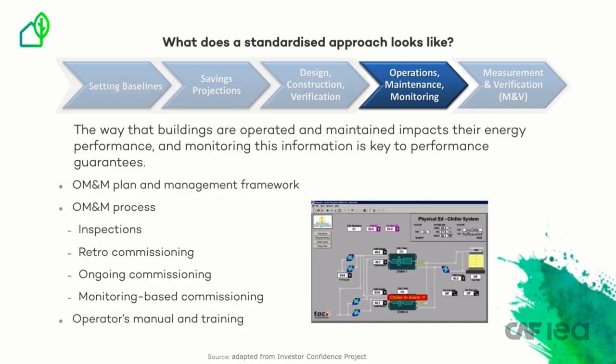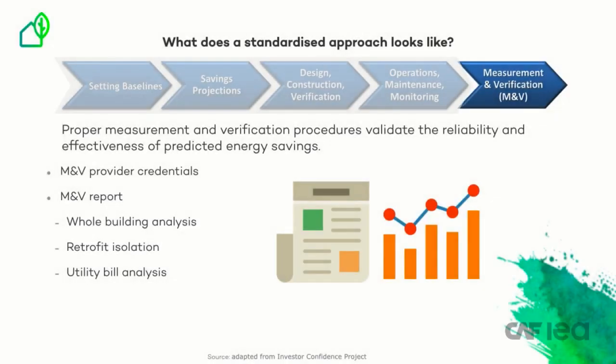This includes having an operations, maintenance, and monitoring plan, management approach, and process that includes a range of inspections and commissioning that will keep the building's performance on track. The operations manual and continued training can support capacity building of the staff and consistency in the approach. Each of the previous steps can enable improved measurement and verification and increase the likelihood that the building will perform as it was intended to.